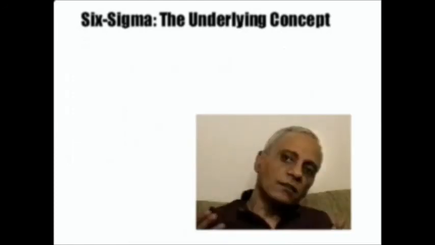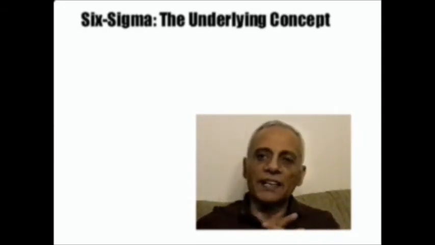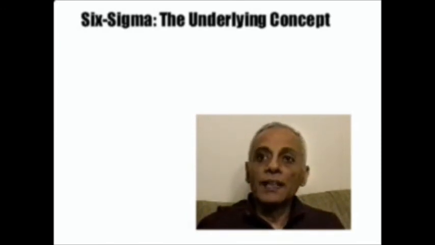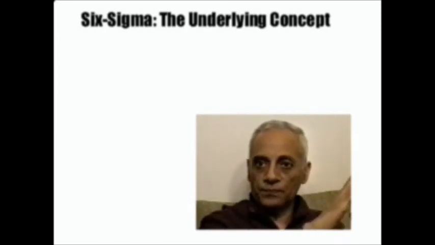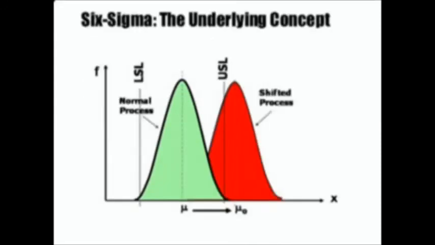Six Sigma entered that field of process capability from a completely different angle. And the angle was simply, what if the whole process was recentered? So now we have the normal distribution. We are not going to be talking about compression, low variability, or stretch, high variability. No, we're going to talk about moving the entire process from one center to the other, which can happen.